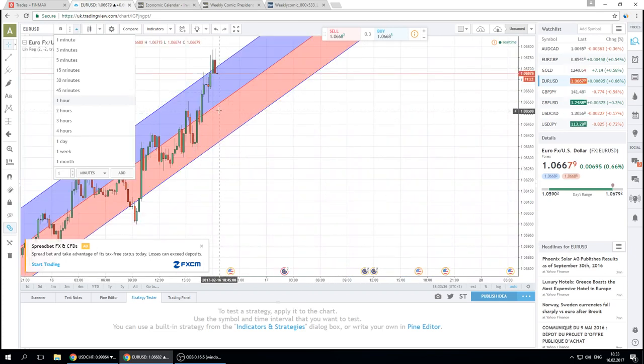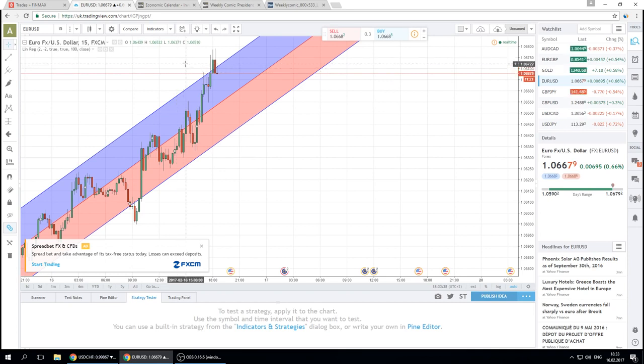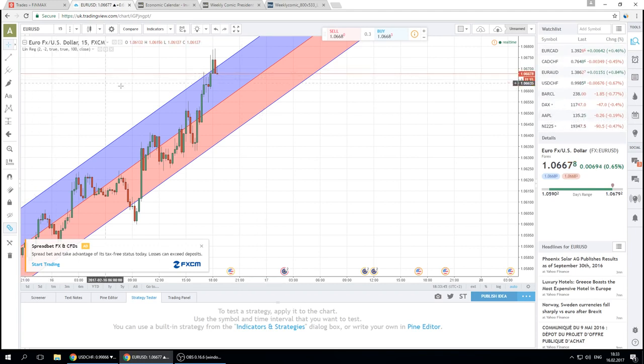So what we're going to do today is trade on our currency pairs and our stocks using the linear regression indicator and the trend line in general. So right now we see that Euro is on its highs.